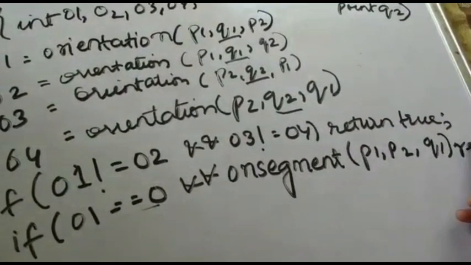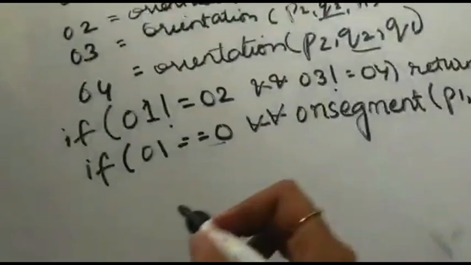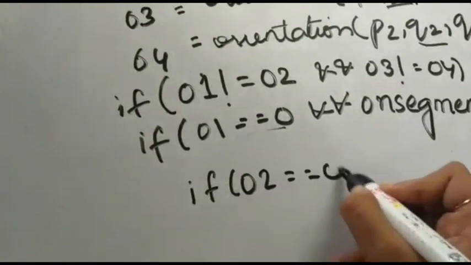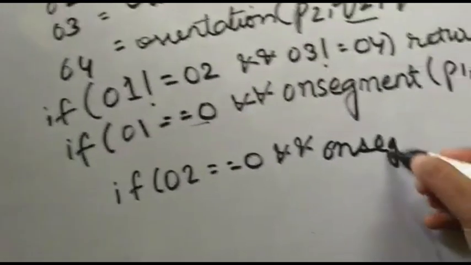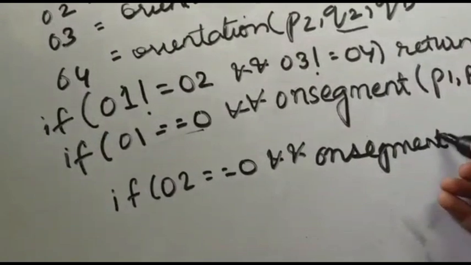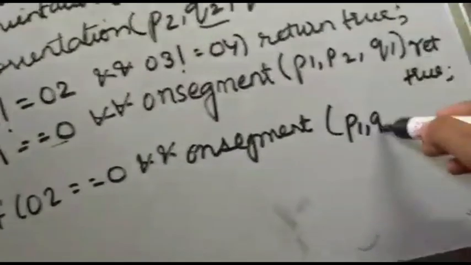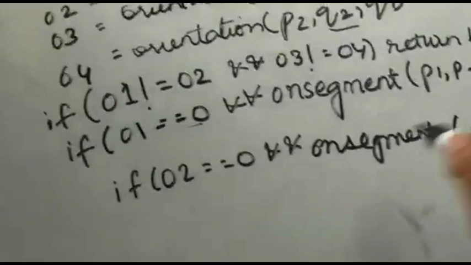Then we are going to return true. Similarly, if O2 is equal to 0 and onSegment P1, Q2, Q1, so again I'm going to return true.